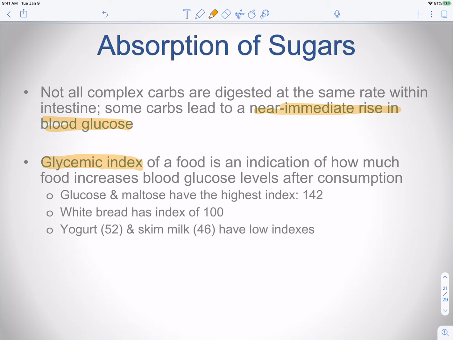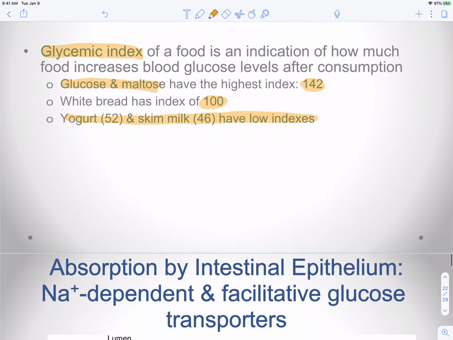And so glucose and maltose, table sugar, etc., have the highest index of 142. White bread has a high index of 100, and then low indexes are going to be yogurt, skim milk, that have lower indexes of increasing blood glucose levels immediately.